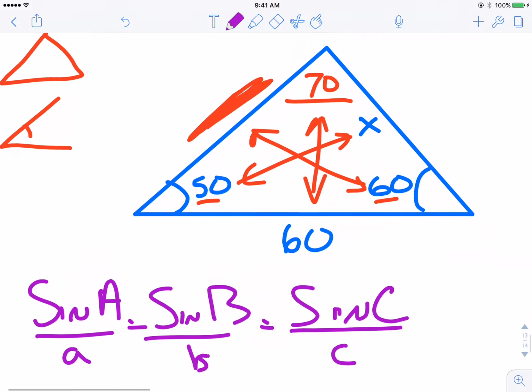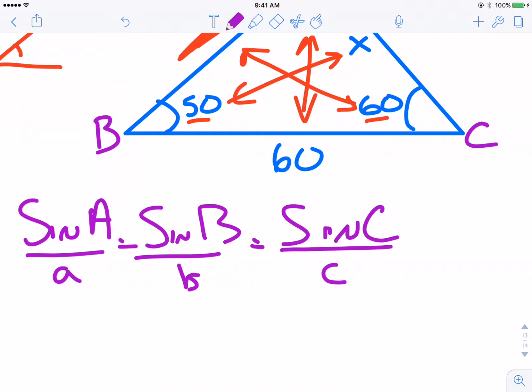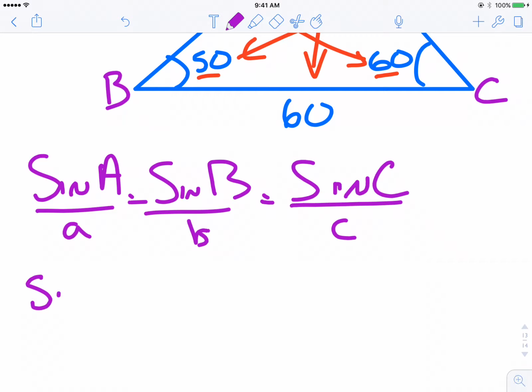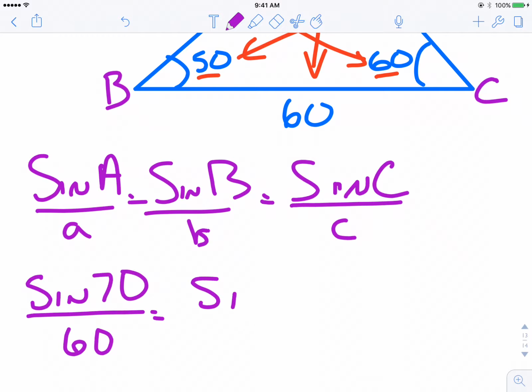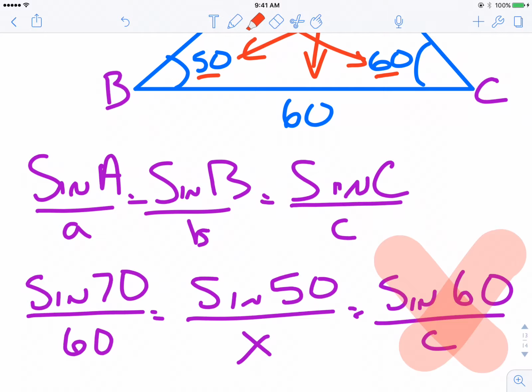Substitute in my values. I'm going to call this A, this B, and this C. I know on my triangle it's different, but I can rearrange the labels on my triangle any way I want. So sine 70 over 60 is equal to the sine 50 over X, what I'm looking for, is equal to sine 60 over C. Well, this one means nothing to me.